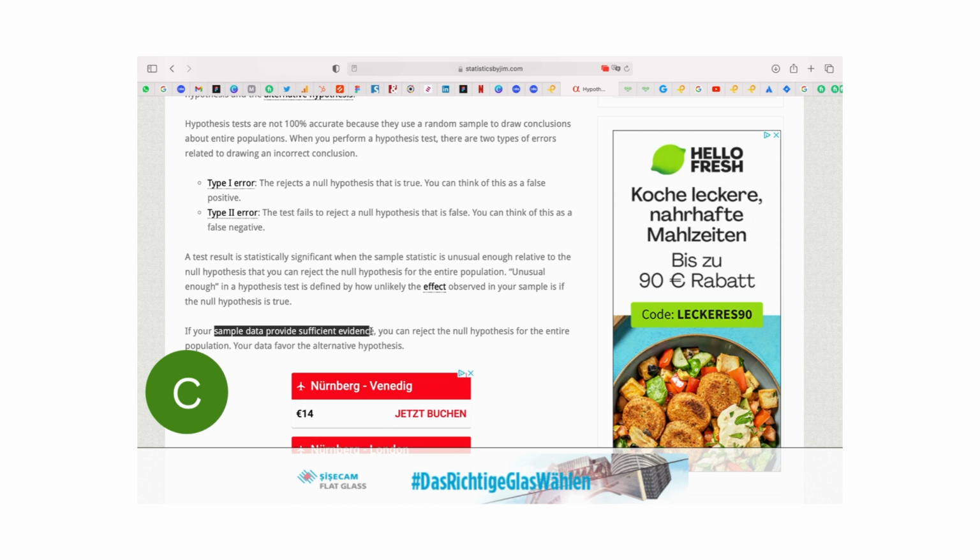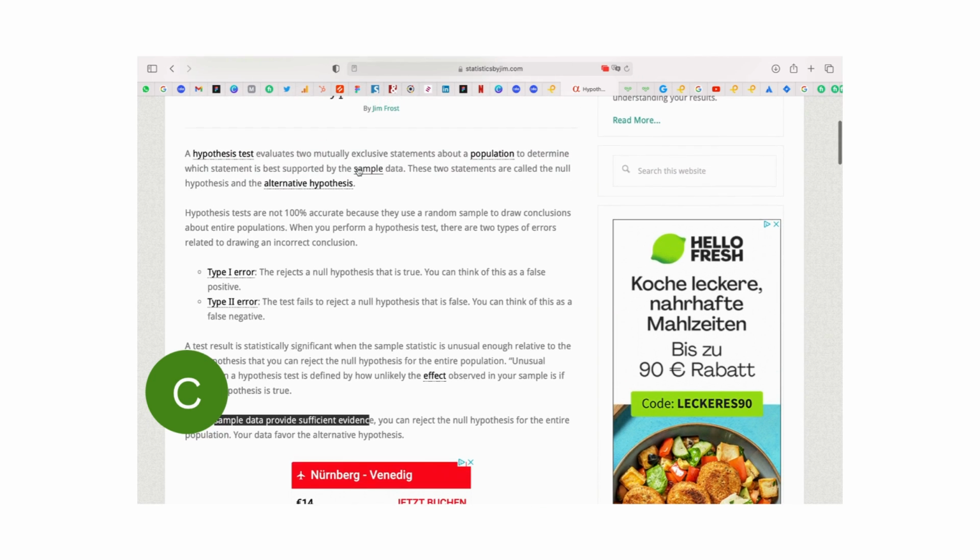Those tests will try to find out if there is enough evidence in the sample for you to say that the alternate hypothesis statement is true, and we can reject the null, you see. Otherwise, by default, the null hypothesis is true.